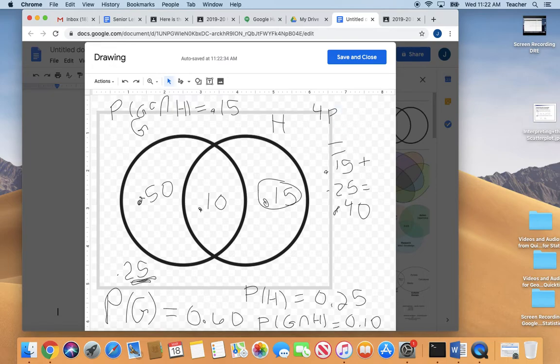So the one important thing that you want to remember when you're doing these problems is that addition rule, where you do not want to count the and portion more than once.